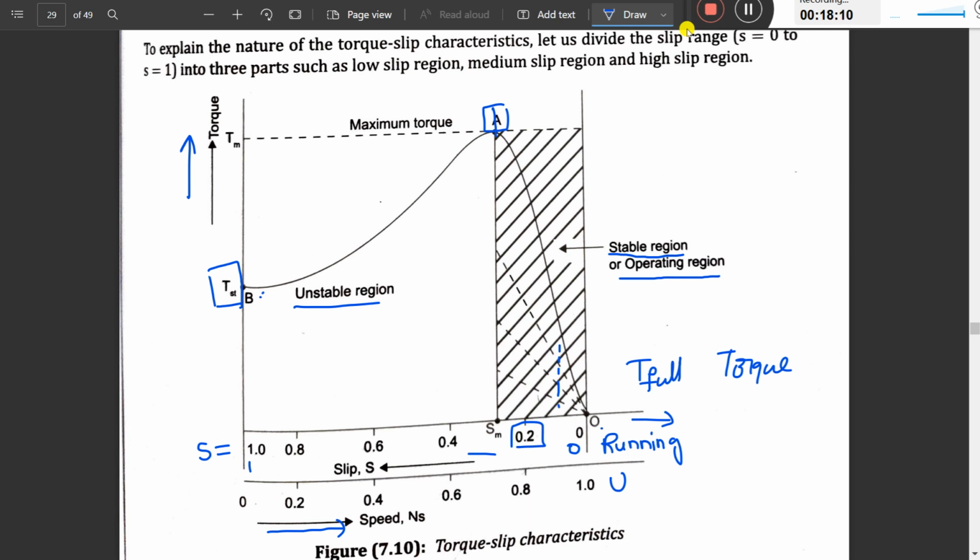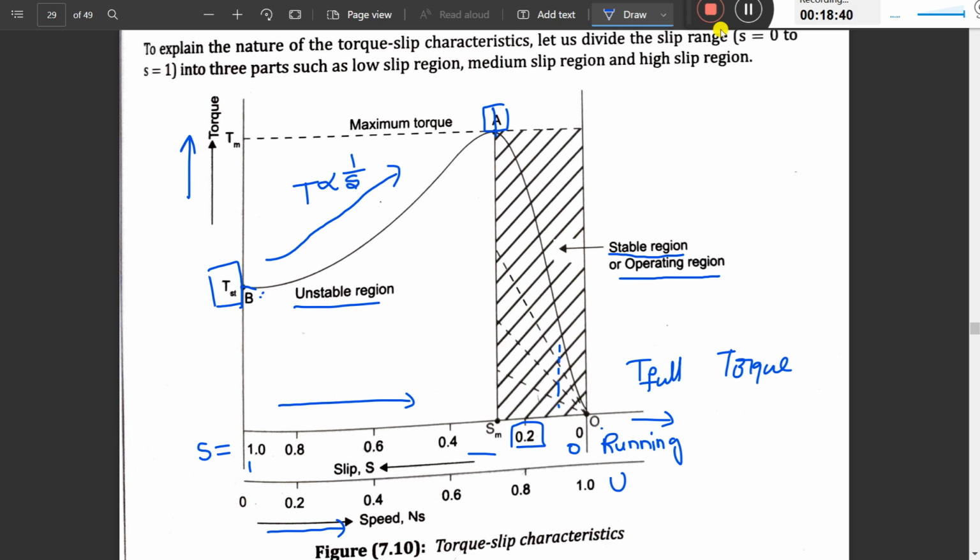Try to observe this graph. The graph starts from the starting point and increases. Torque is increasing, the slip is decreasing. From here, we can directly say that at high slip, the torque is inversely proportional to slip.